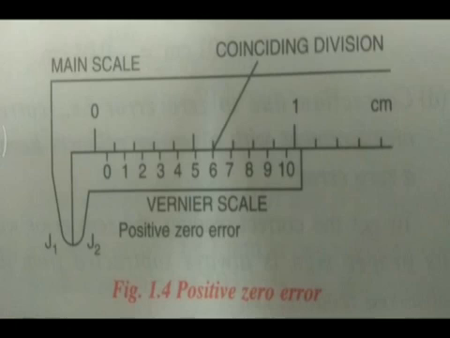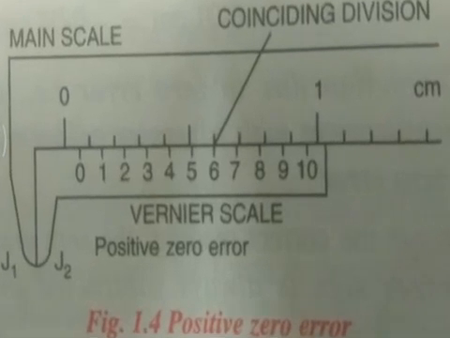In that case, the zero error is equal to the distance between the zero mark of the vernier scale and the zero mark of the main scale, right? So how will you find the zero error? When the caliper is completely closed, to calculate the zero error you just need to find the coinciding division.